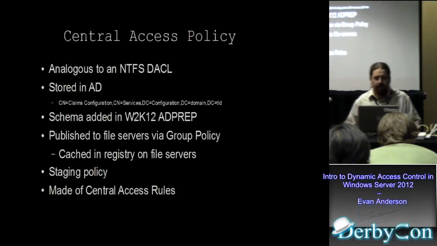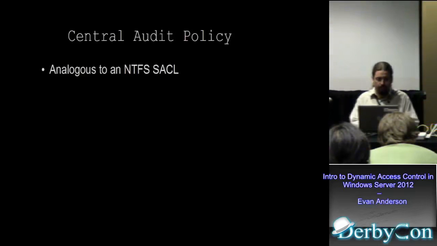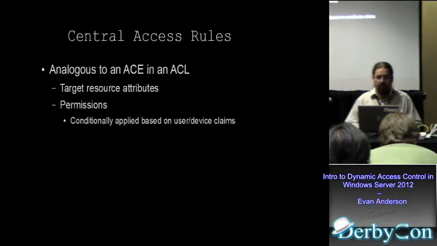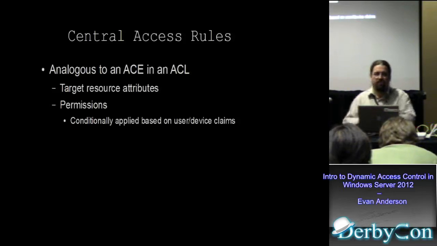Central access policies are made up of central access rules. Think of central access rules as being analogous to the lines in an access control list, the ACEs. A central access rule says for a given type of resource, these permissions will be applied based on these conditions.